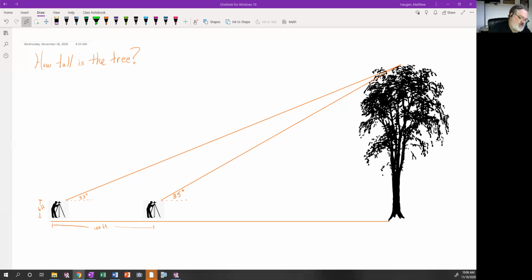Find that supplement angle. That's the word you were looking for. Of that 135, what is the supplement of the 135? 145?